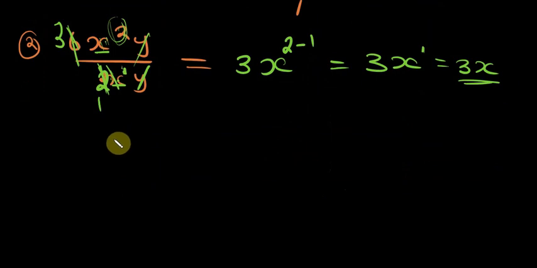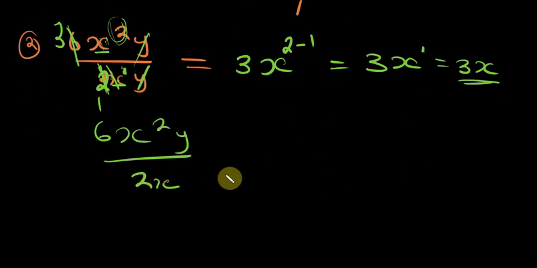Another way to do this one would be 6x squared y over 2x. We write the top one as a product of its prime factors.